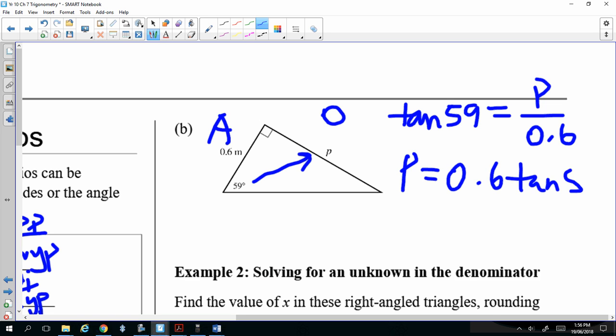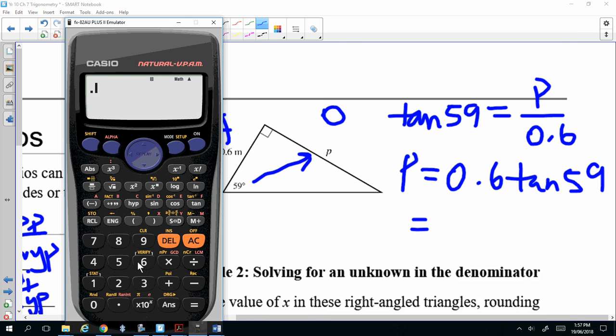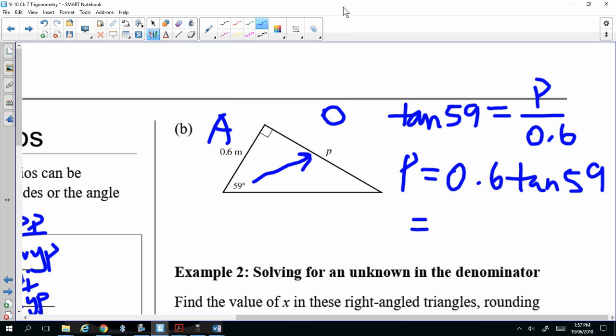So 0.6 times tan 59 equals 0.998, so to 2 decimal places it will be 1.00. Alright, any questions? So it's pretty easy.